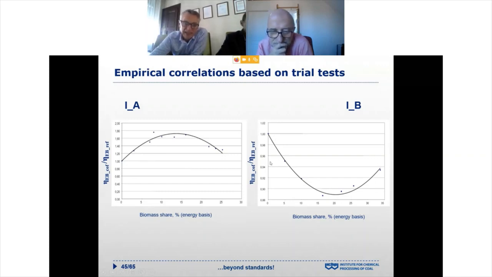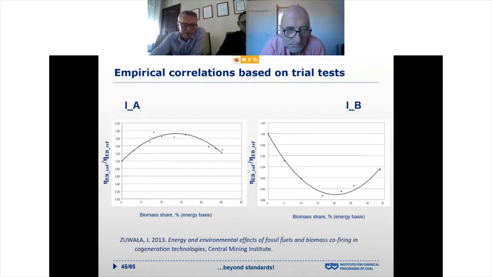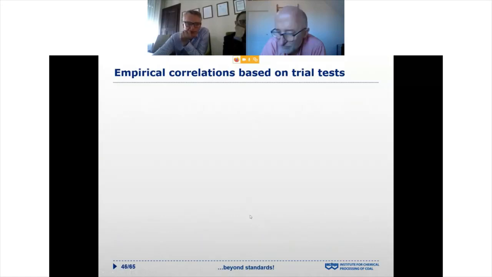And here, with the lignite, in most cases the Polish lignites have a lower heating value than the biomass which is added. So in this case, the biomass is the better fuel in terms of LHV than the coal. So the situation is the opposite. If you want to dig more into these issues, there's a book which gives more information on that.